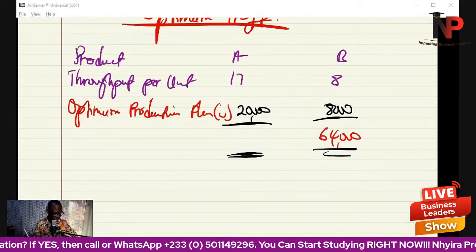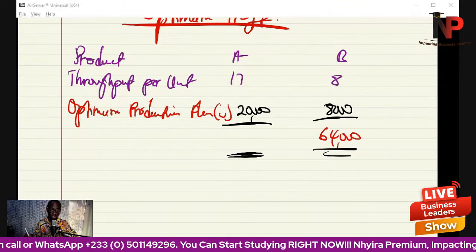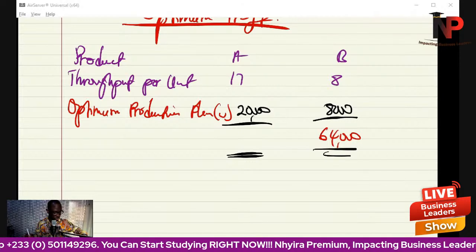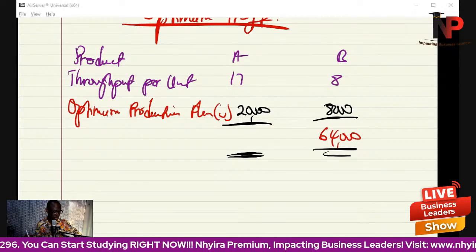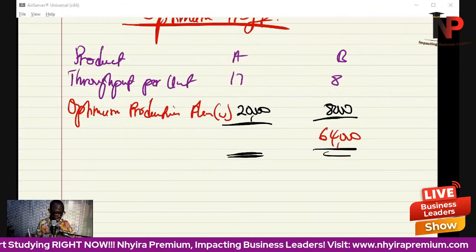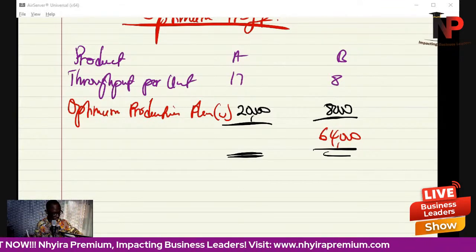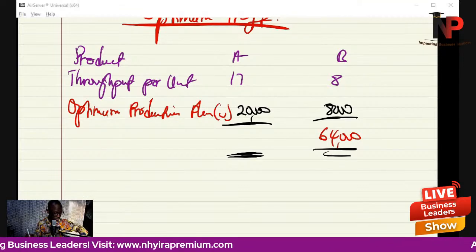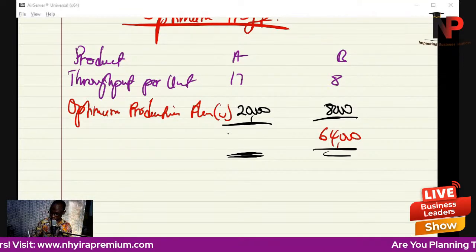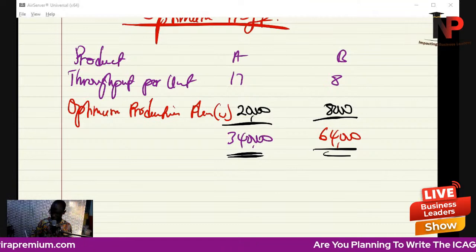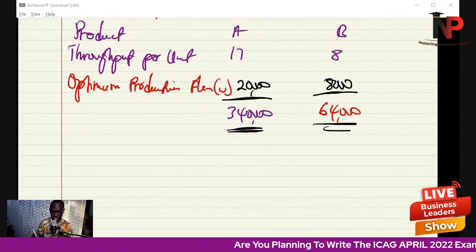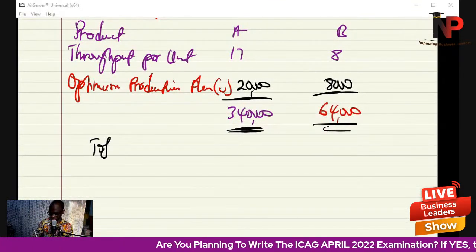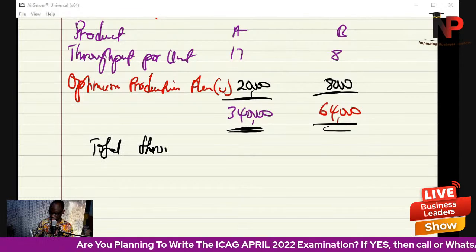Then 17 by 20 by 10 is 170, that will be 340, and that will be 340,000 there.